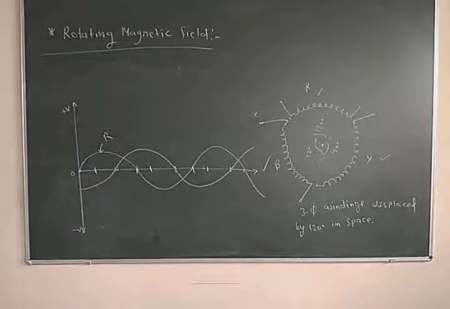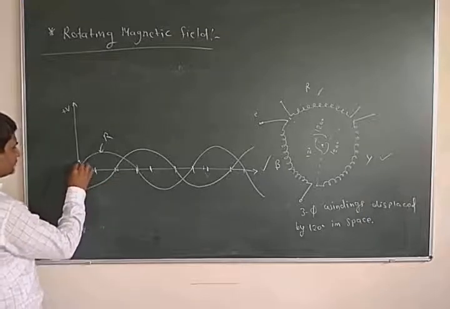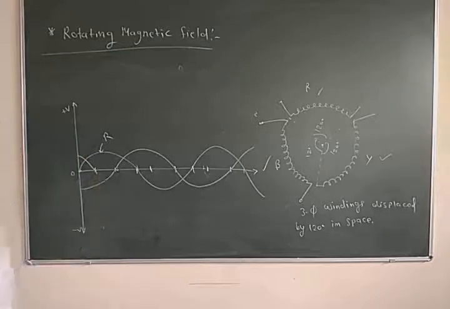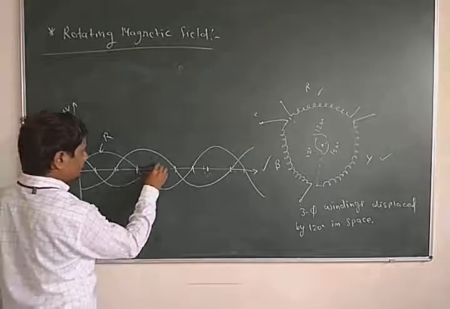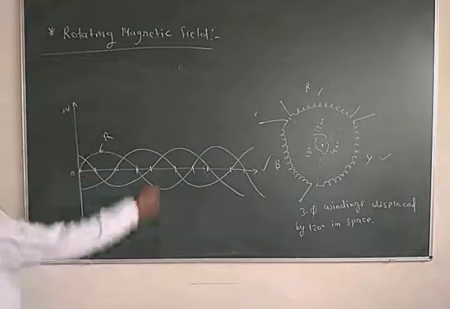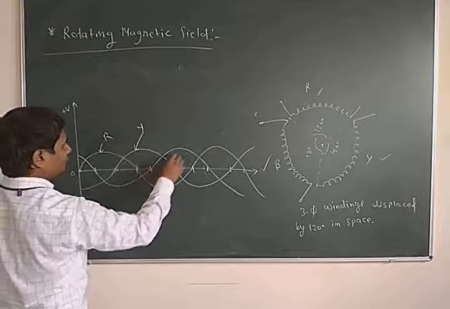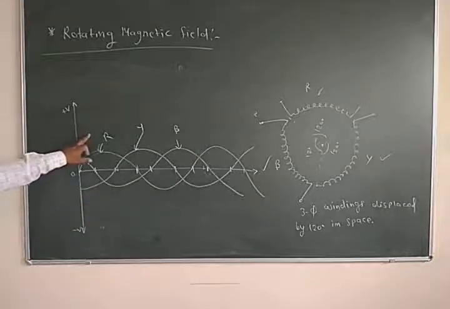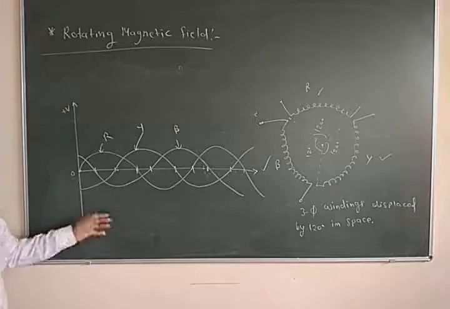Similarly, for B phase, we can draw a waveform. B phase is minus 240 degree, and this is the waveform for B phase. So this is the voltage waveform for R, Y, and B phase in three-phase supply.